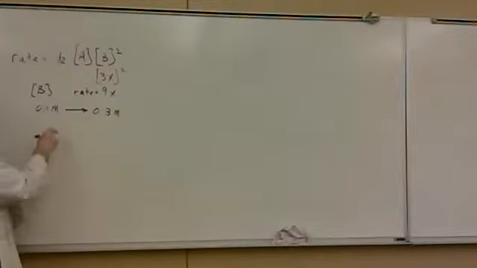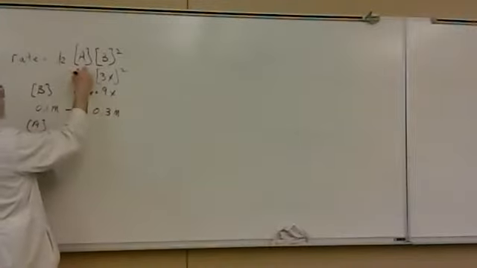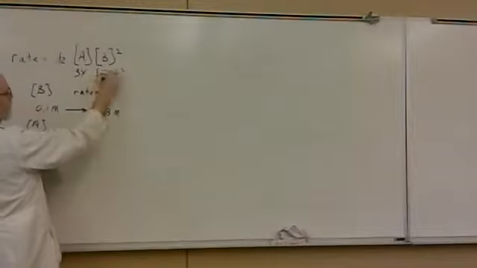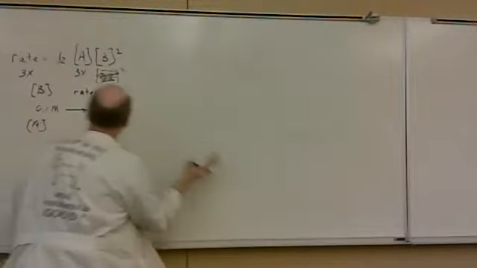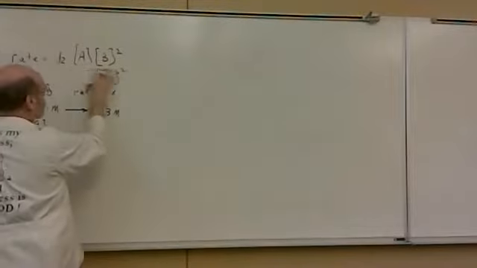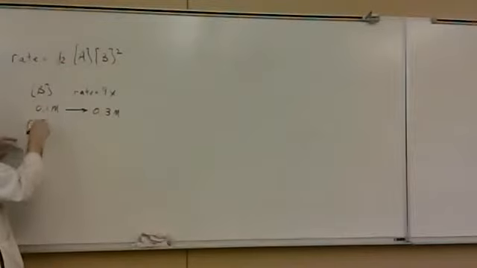What if we did the same thing for A? Just 3 times for A, and keep this one constant. What would happen to the rate? 3 to the first power means that the rate would increase 3 times, because it's only to the first power. What if, let's go from the sublime to the ridiculous, we let both of them increase that much?